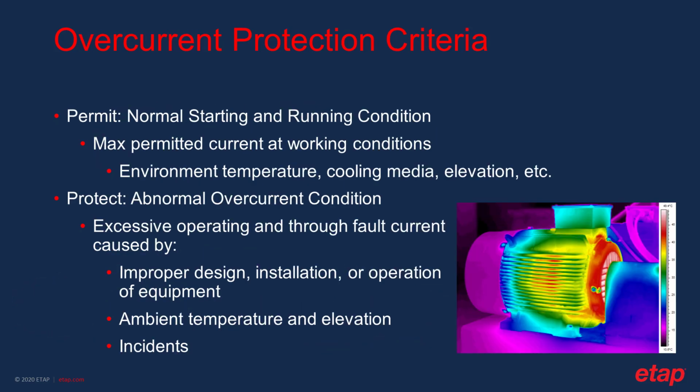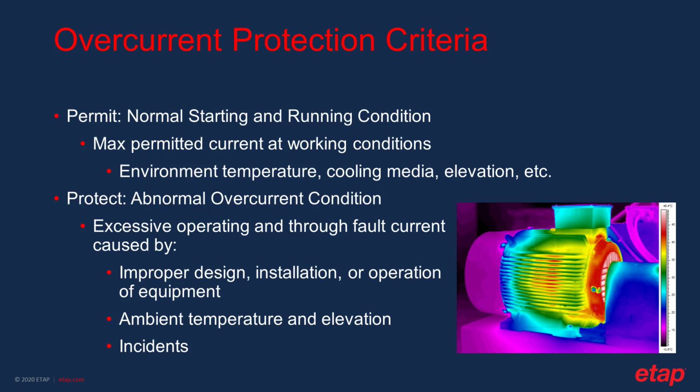As we said, overcurrent protection criteria would be based on permitting the normal starting and running condition of the motor. This means we should permit the maximum permitted current and working condition of the motor. This working condition means temperature, the cooling media that you have, elevation, and so on. For the protection, we should protect the motor against any abnormal overcurrent condition.